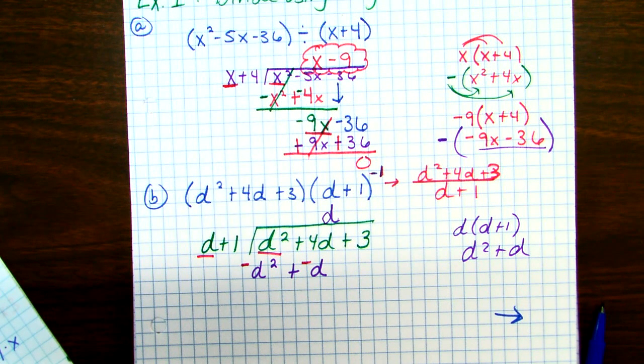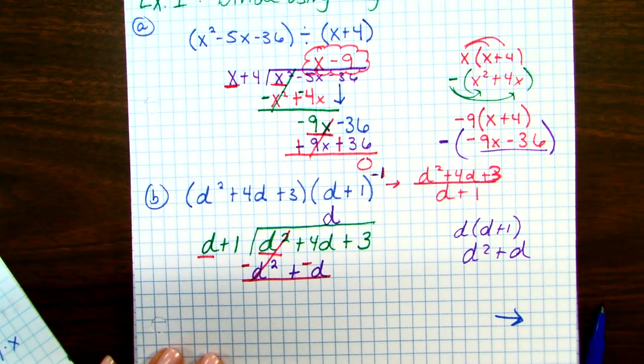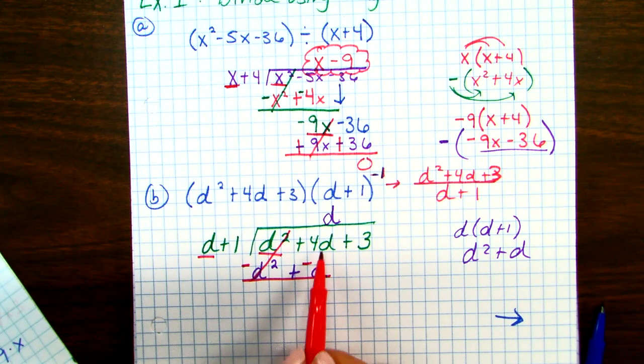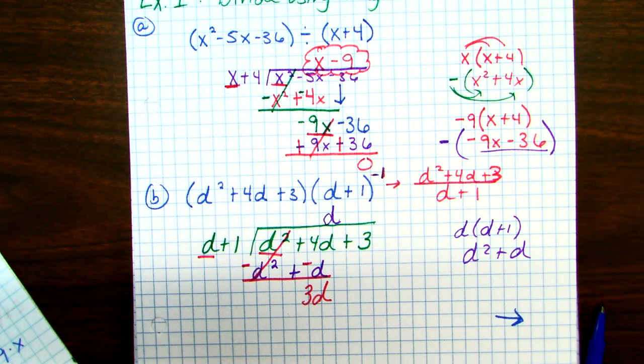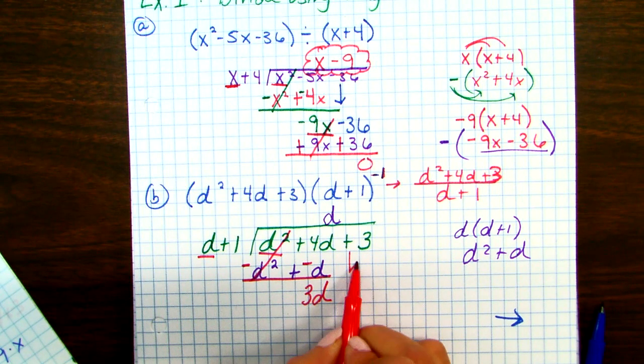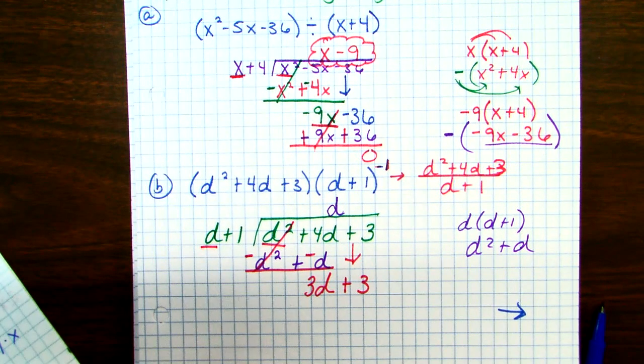I changed them to negative. And if I did it right, these should cancel. And then here I have 4d plus negative 1d. So 4d plus negative 1d is 3d. Bring down the plus 3. Sign in front of it goes with it. And then we start over.